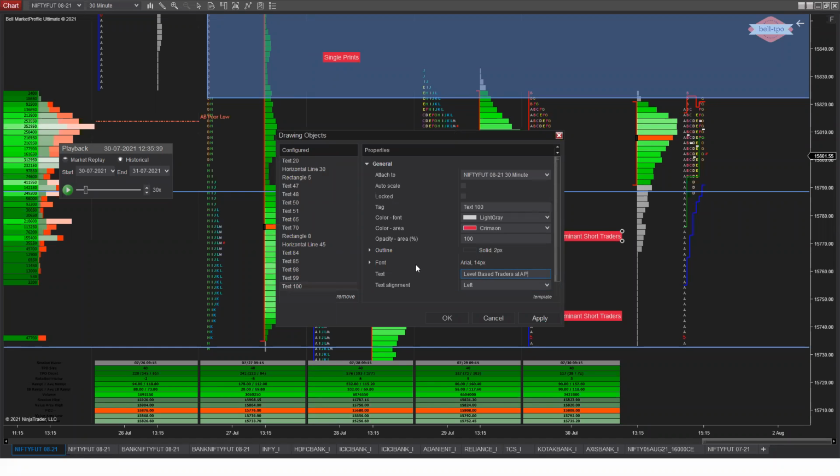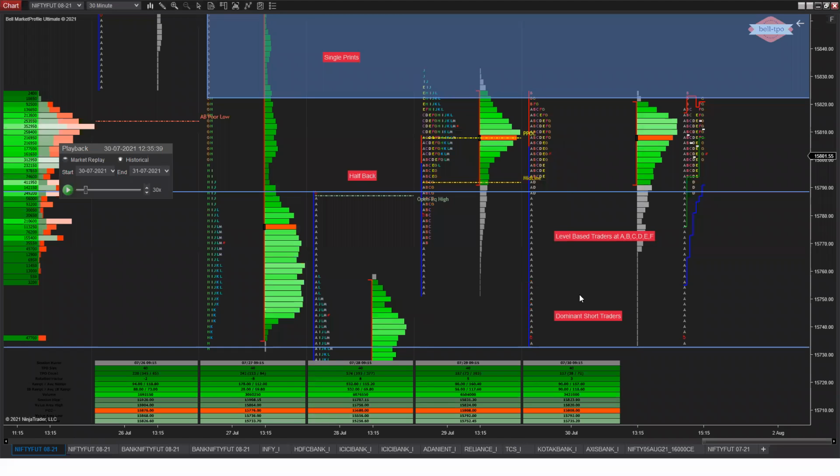A period, also at B period, at C period, at D period, and at E period, and at F period. So all these players are the ones who were driving the momentum, and they are waiting for the price action to go in their favor. They are momentum traders. In the morning, we had seen even dominant traders also.